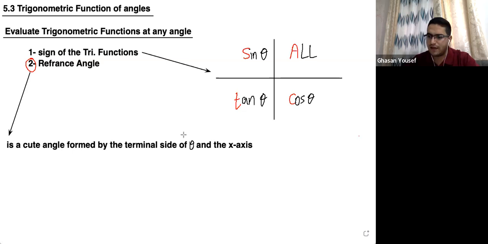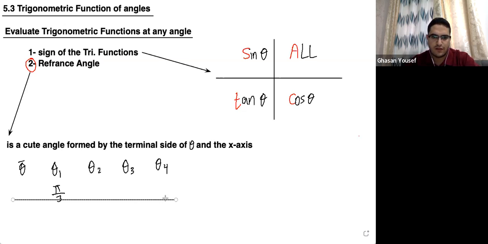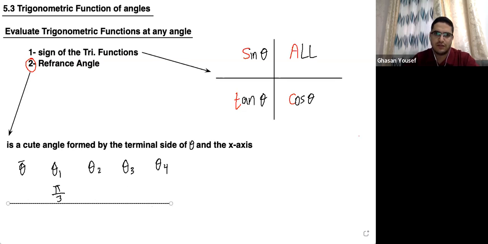I gave a small table last time. The table is like this. This is the reference angle, this is the angle in the first quadrant, angle in the second quadrant, angle in the third quadrant, angle in the fourth quadrant. Let me open it in the next slide, it is better.